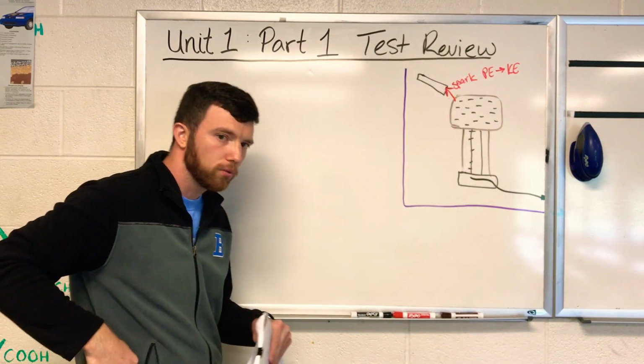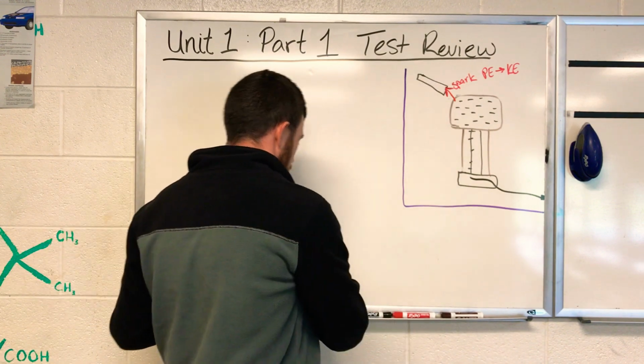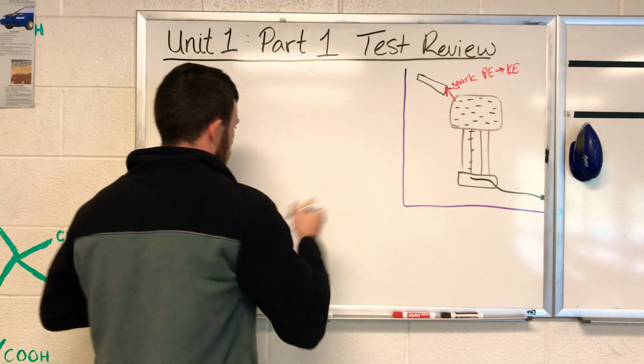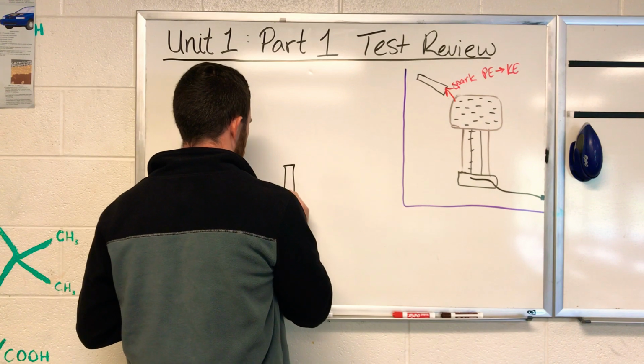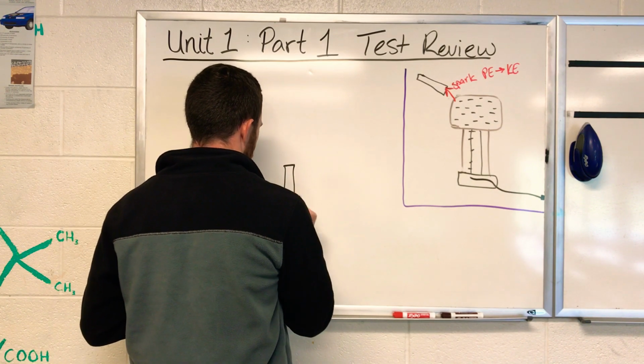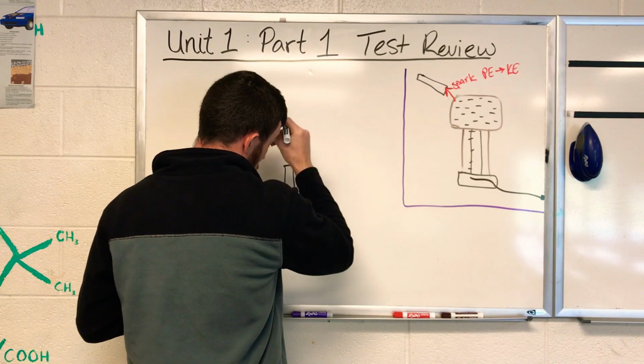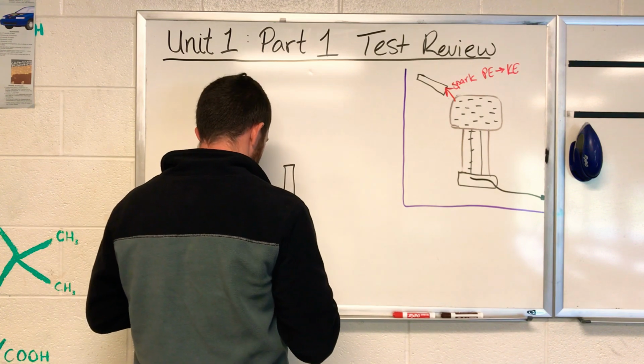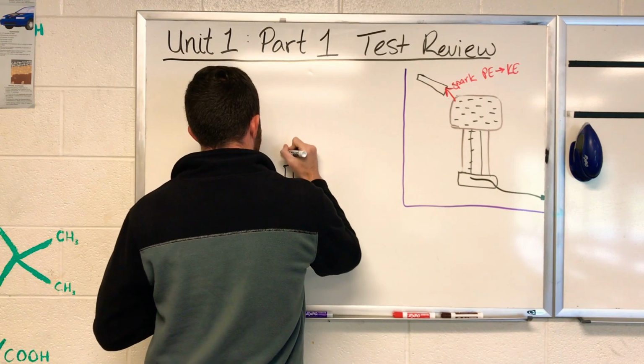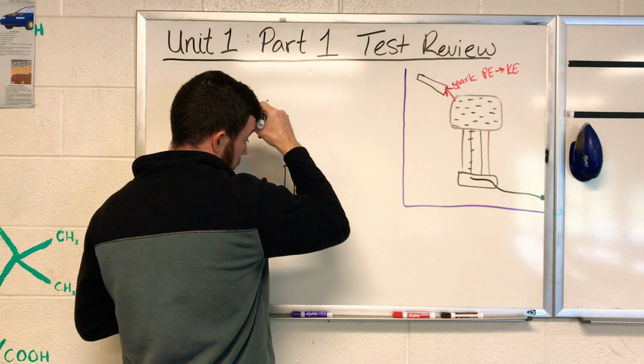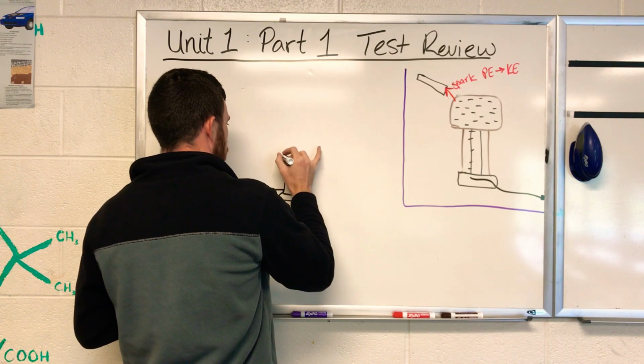In the burning bubbles, we have methane gas, right? So we've got a Bunsen burner. Let's see if I can draw one of these. And it puts out this methane gas.